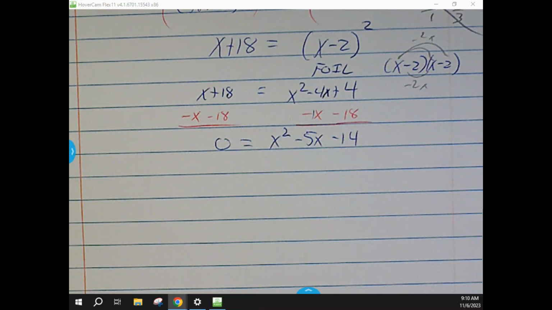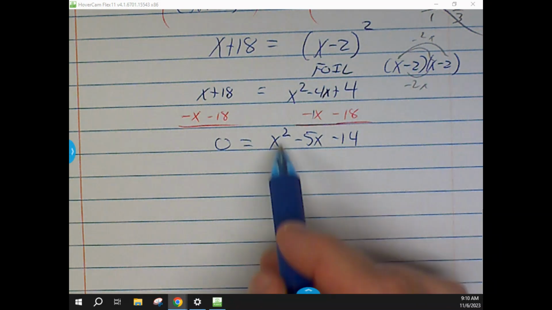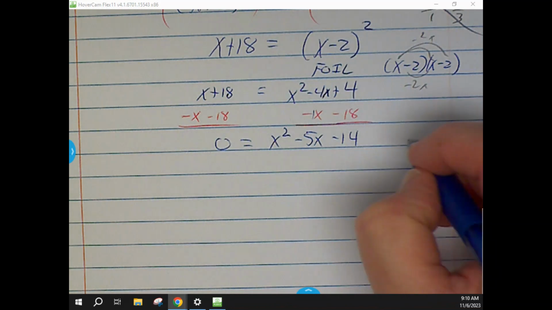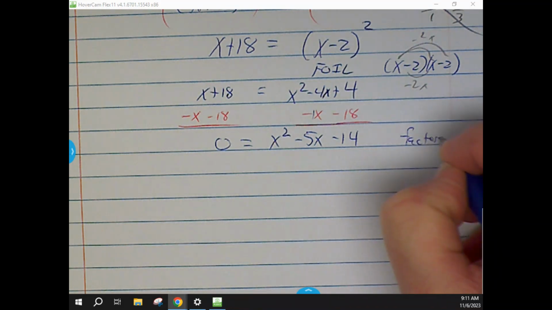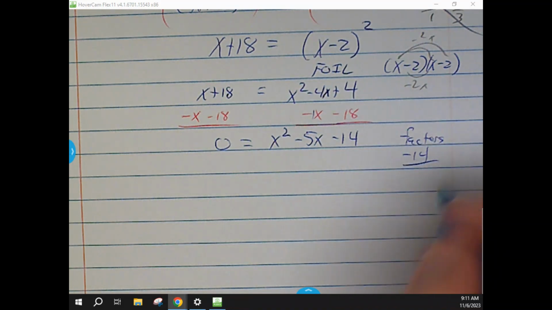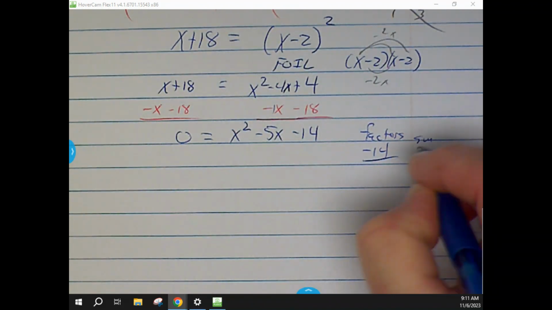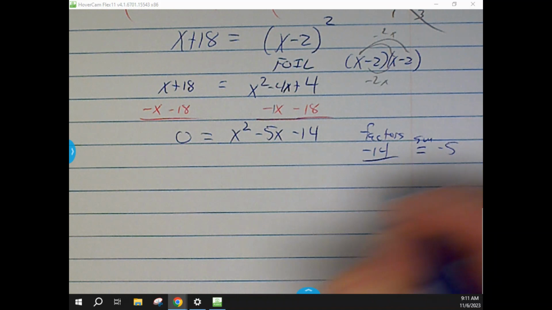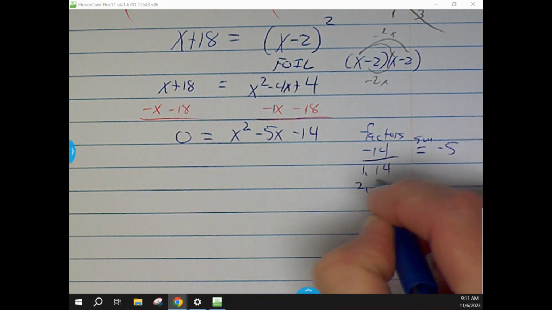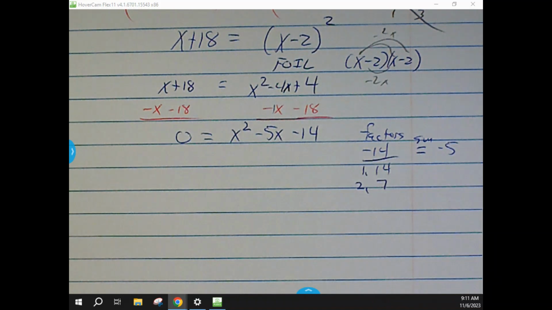And again, I don't think we're going to have to worry a lot about the AC method on this. Most of the factoring should come off that you've got x squared. So in this case, we're looking for the factors of negative 14 where the sum is going to equal negative 5. With 14, there's only two options: either 1 and 14, or 2 and 7.